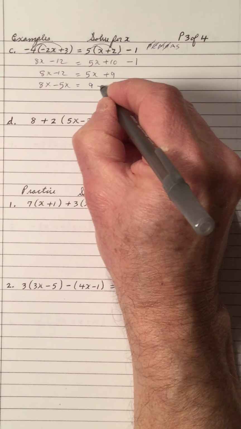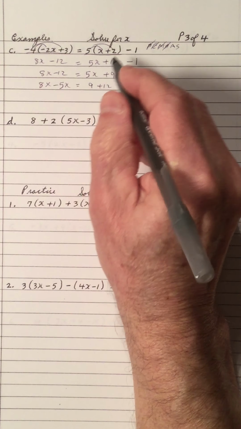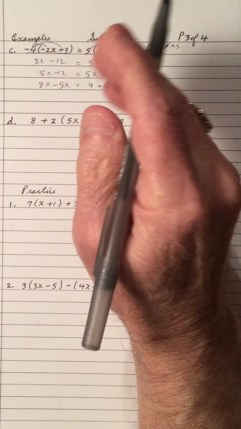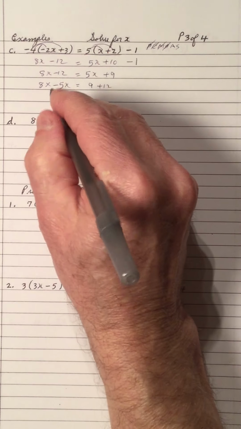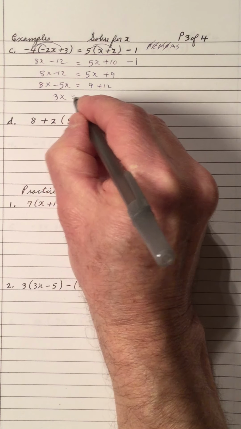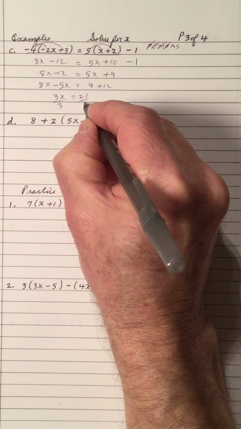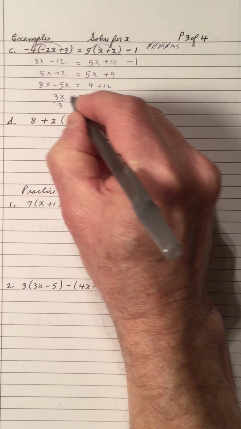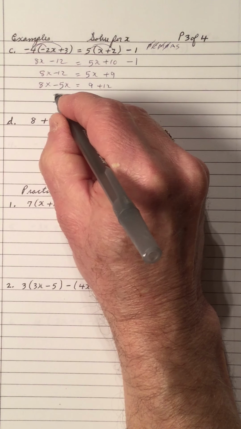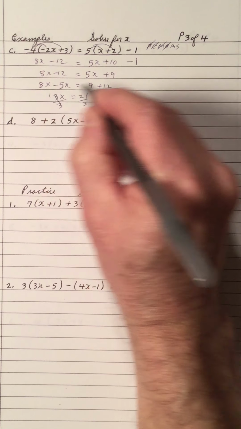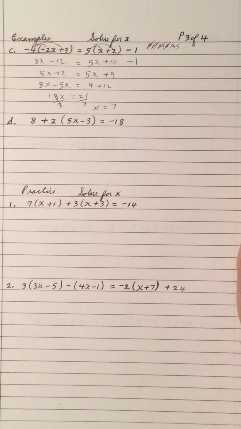And the negative 12 becomes a positive 12. When you transpose, you do the opposite sign. That's a 3x when we add, and that's a 21 when we add, and we divide by 3, so we get x equals 7. Remember the 3 and the 3 go once, and that's a 1, understood.